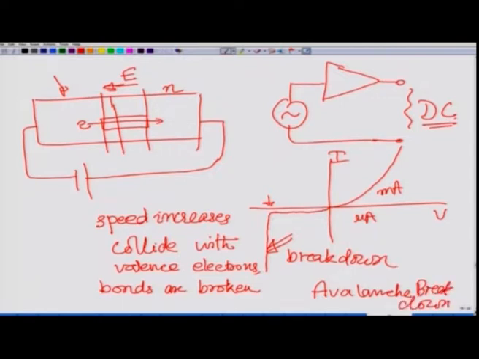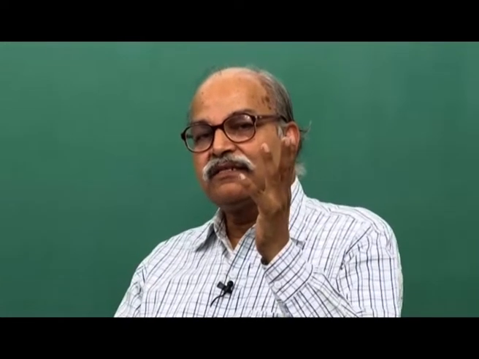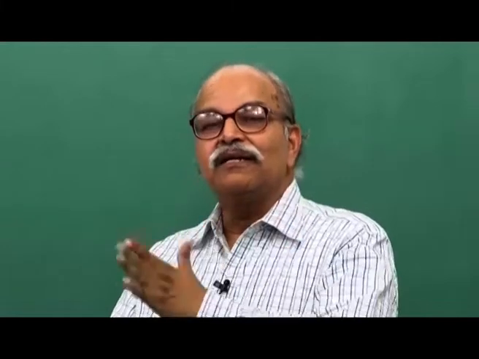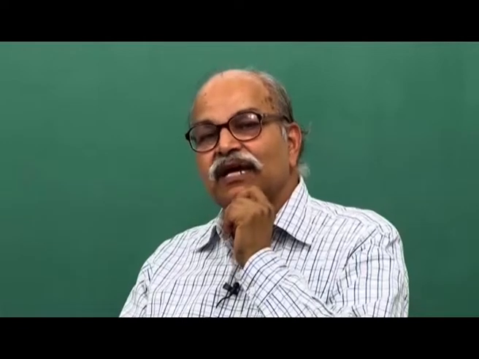You can also make Pn junctions so that the breakdown occurs much earlier than this, and that happens when you have highly doped Pn junctions. So, if you dope the Pn junction with much larger concentrations, a highly doped Pn junction, then what happens?